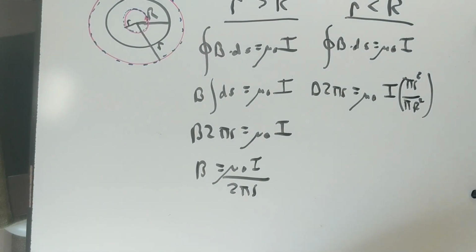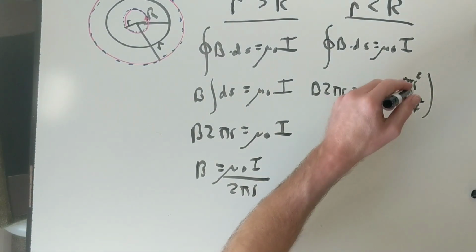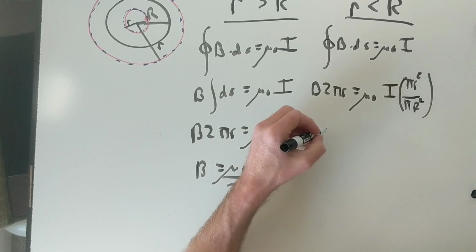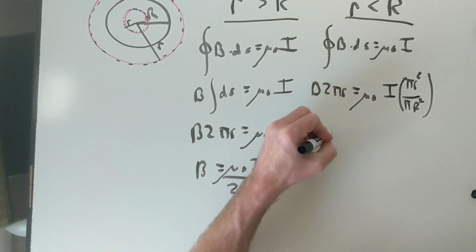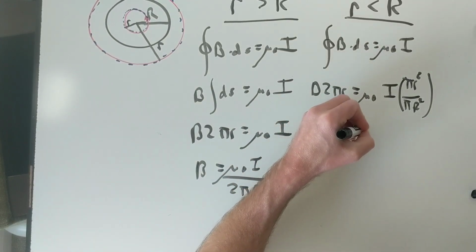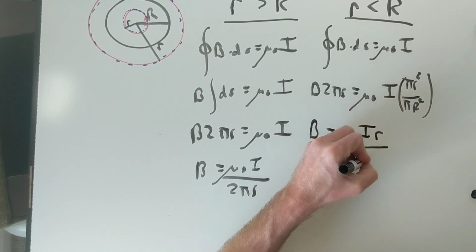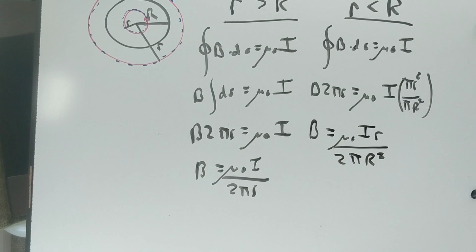So I'm not getting all of it, I'm getting just part of it. Now I'm going to cancel some things out here. And when I cancel some things out, I'm going to be left with the magnetic field being mu naught I little r over 2 pi big R squared.